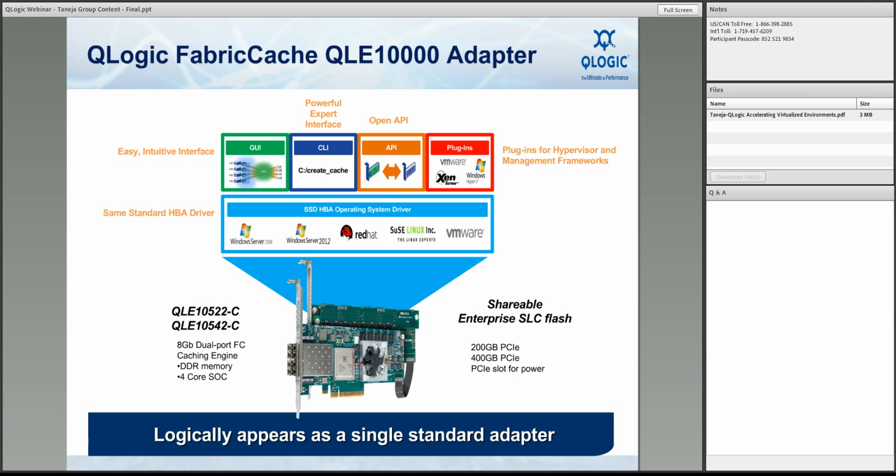There is a powerful command line interface, so you can use this in scripted environments where you need to deploy across a number of machines. There is an API for specific customers who want to do some custom work with it and use a different type of caching algorithm. And some of the management plugins are available or will be available for other hypervisors such as Xen and Hyper-V.